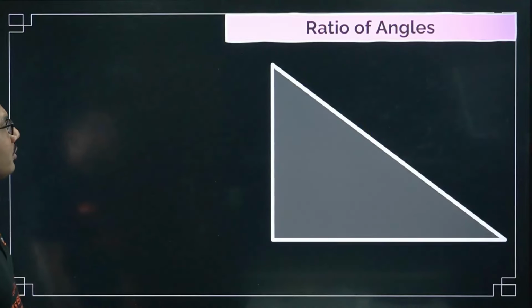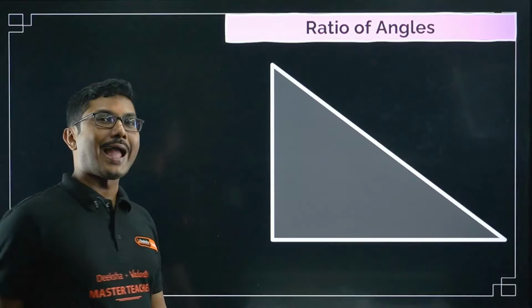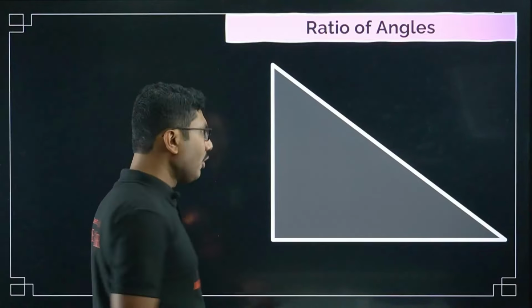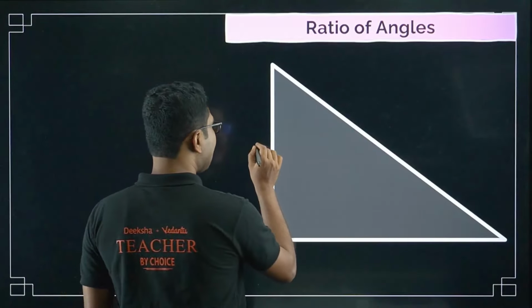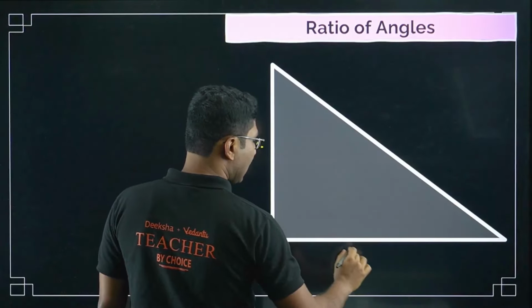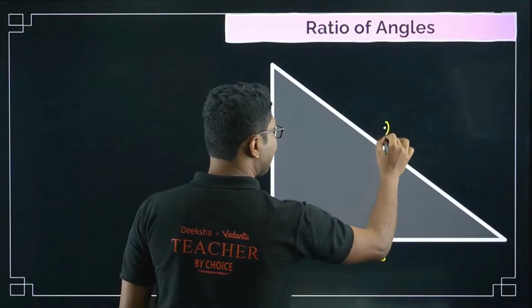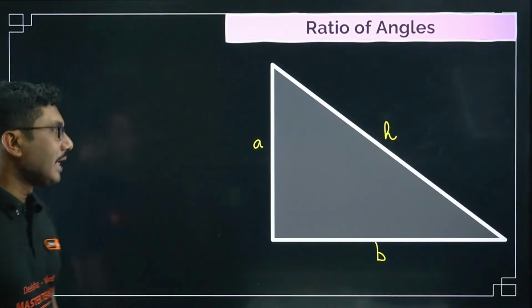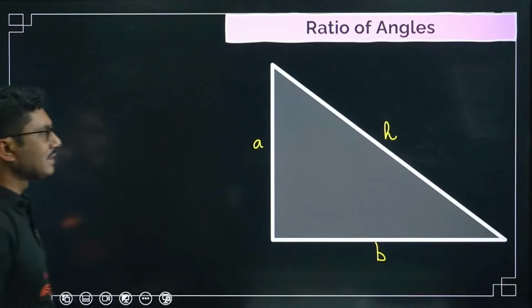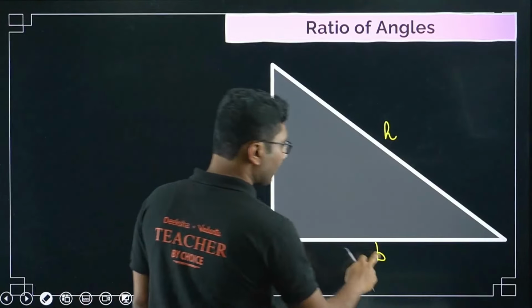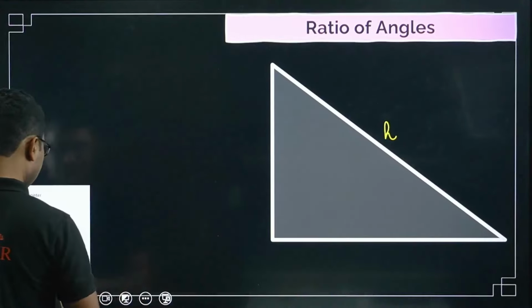Now let's move on to the ratio of angles. So before starting, we said this side is A, this side is B, and this side is H, right? That's how we named it. Now here we will slightly change the names based on the angle that we are considering.